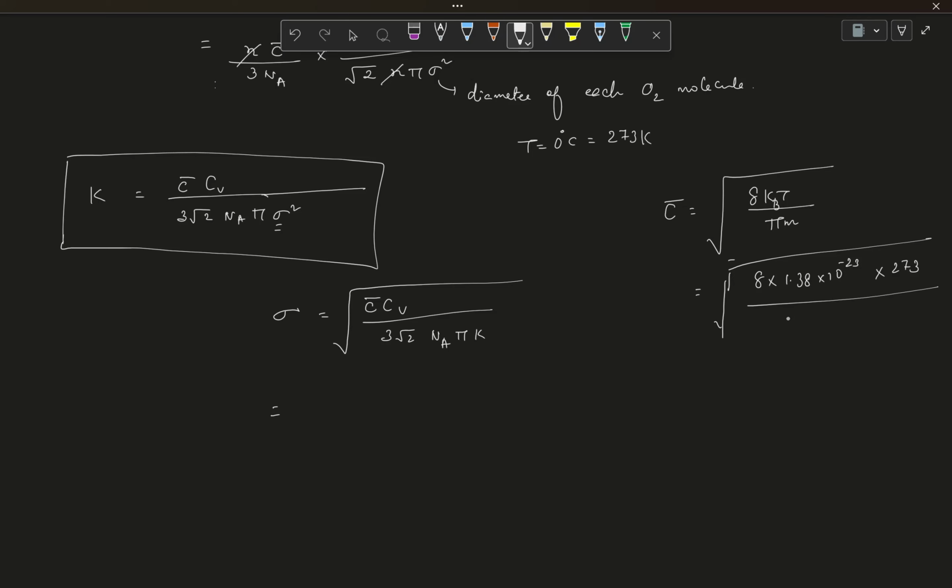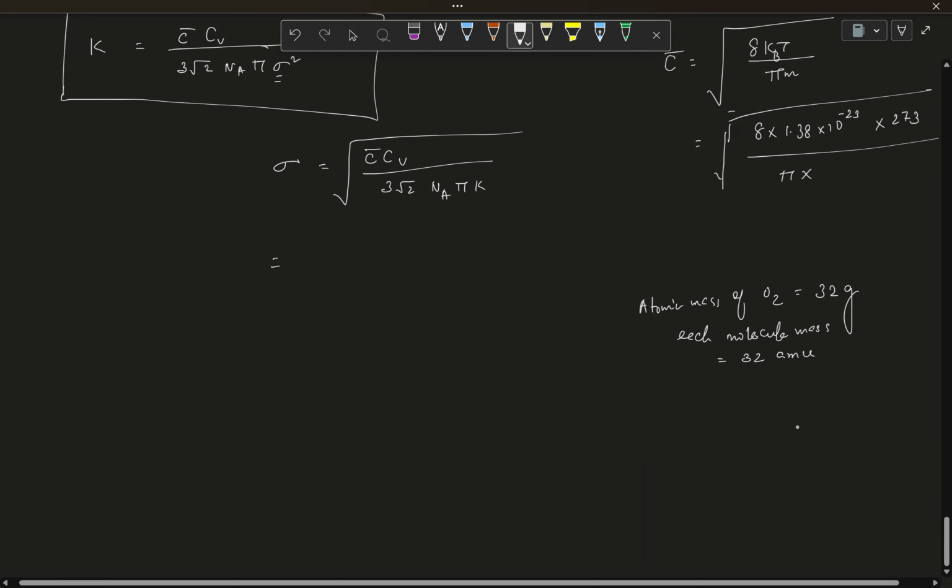So this is 273 divided by pi into the mass of a single oxygen molecule. The atomic mass of the oxygen molecule is simply known, it is 32 grams. So each oxygen molecule has a mass equivalent to 32 atomic mass units, or AMU.